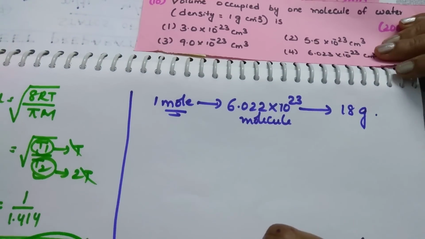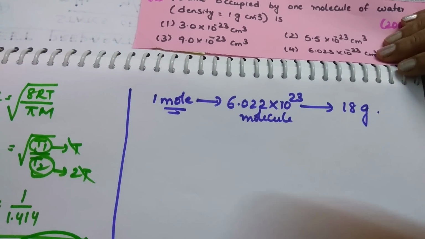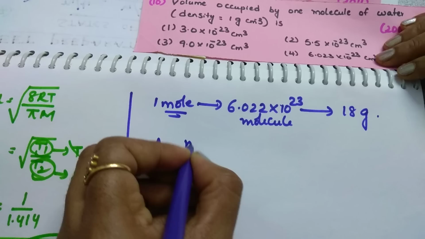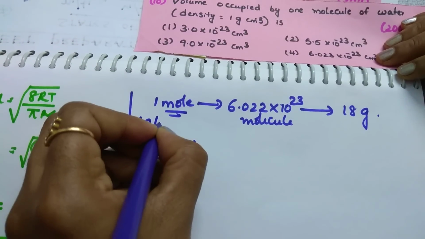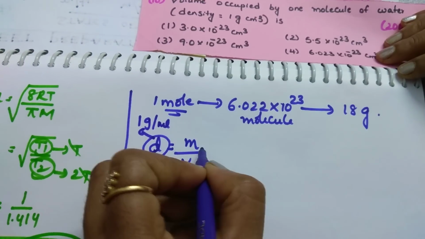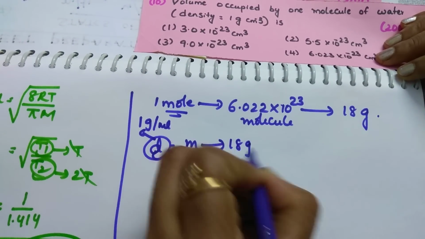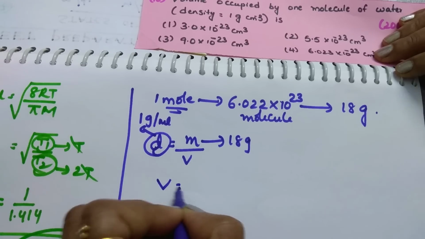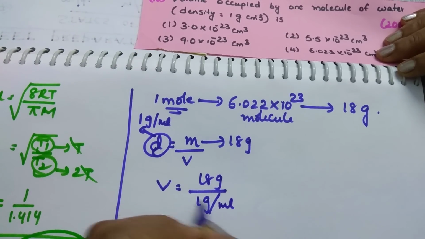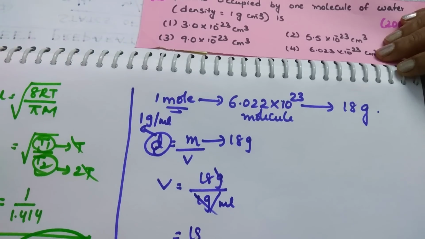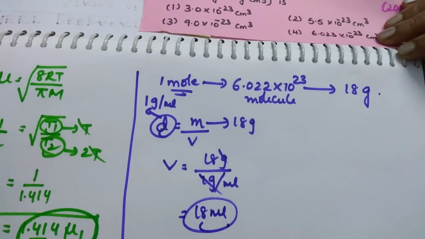And this is the relation. But they gave the density. Density equals mass by volume. How much density did they give? 1 gram per ml, milliliter or centimeter cube. Mass is given, 18 gram. If you substitute, how much volume will you get? 18 gram by 1 gram per ml. Then what is left? 18 ml. What is the volume? 18 ml.